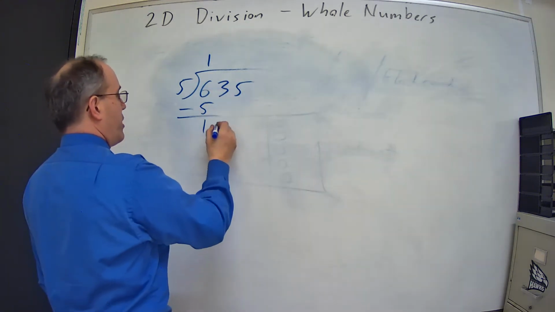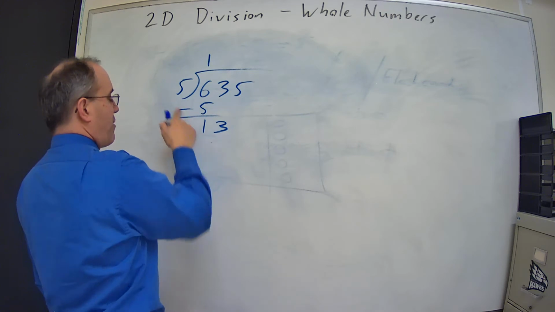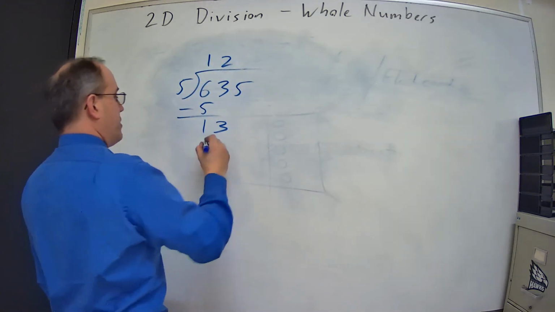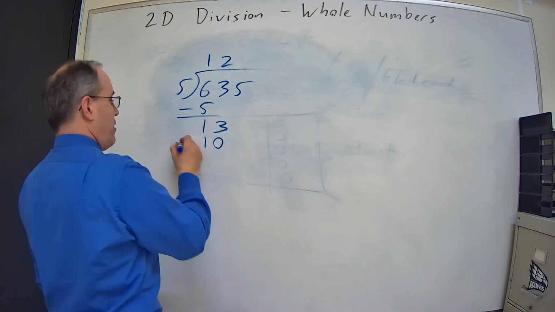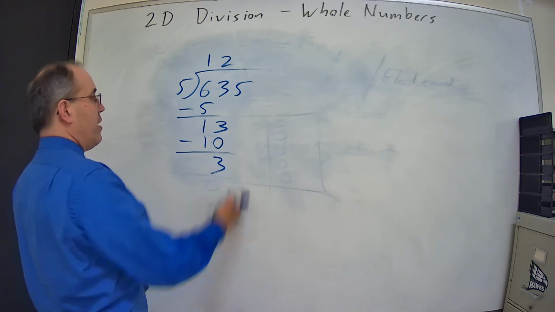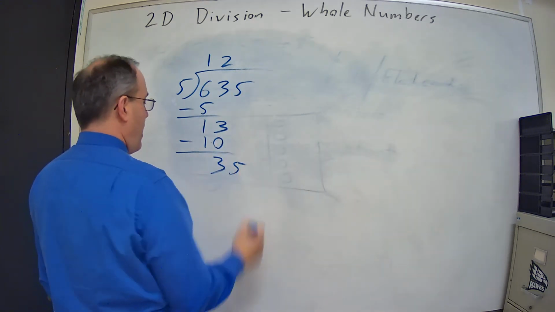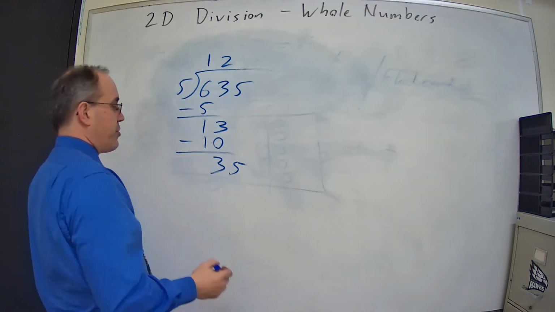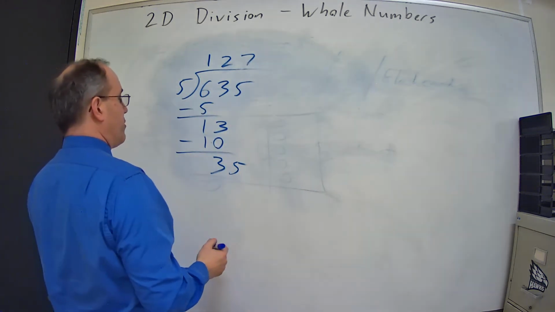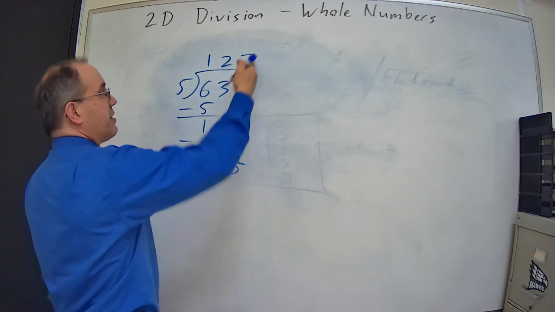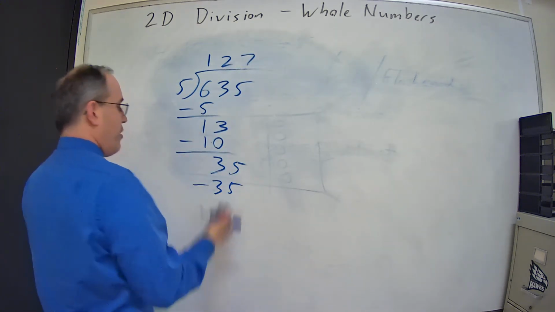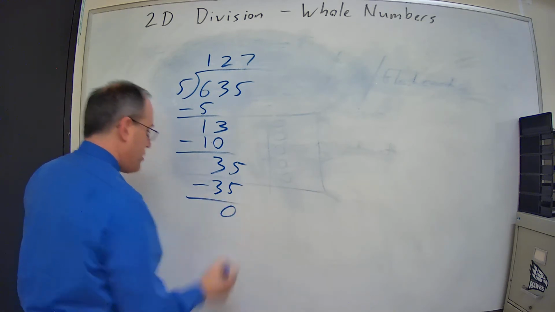Bring down the 3. 5 goes into 13 twice. 2 times 5 is 10. 13 minus 10 is 3. Bring down the 5. 5 goes into 35 7 times. 7 times 5 is 35. 35 minus 35 is 0.